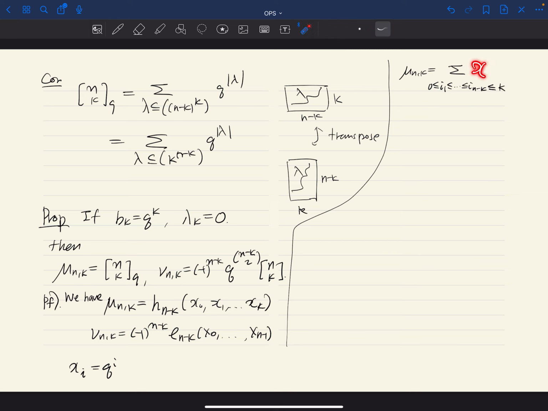And here we multiply x_{i_1}, x_{i_2}, ..., but x_i equals q to the i, so they are just q to the i_1 plus ... plus i_{n-k}. Okay, but what is this?